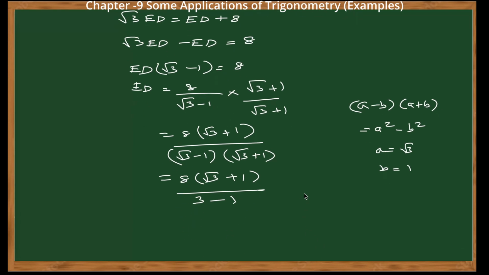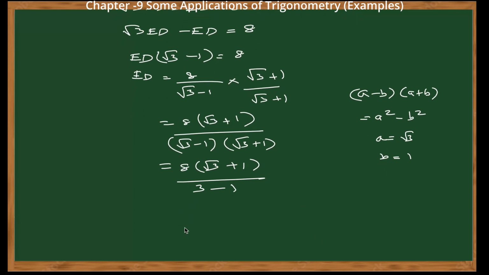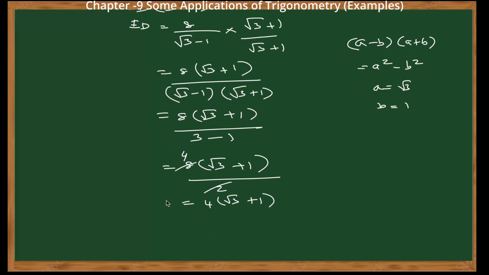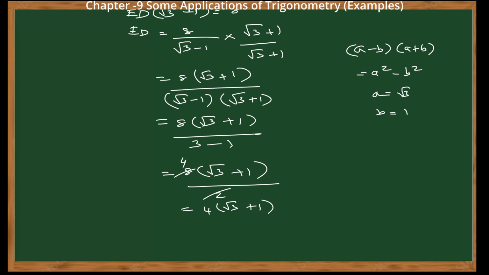Further solving, 8 root 3 plus 1 divided by 3 minus 1 is 2. 2 goes into 8 four times. So this will be 4 into root 3 plus 1. This is the value of ED.